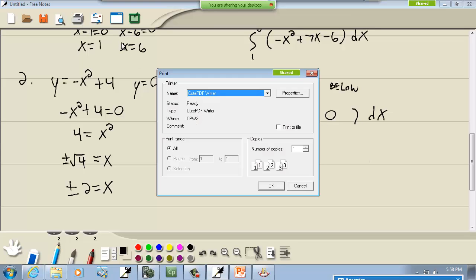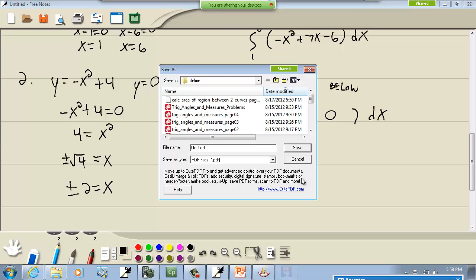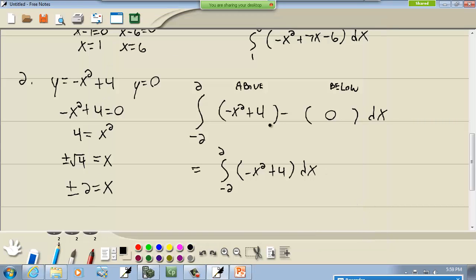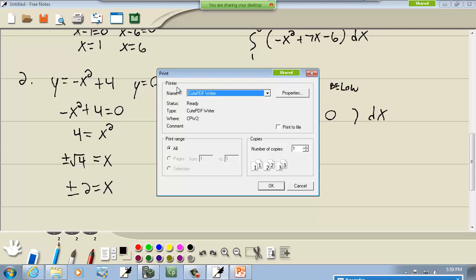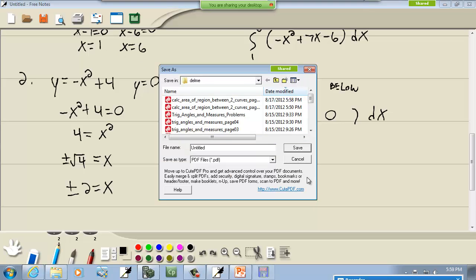Let me save that. And we'll look at the next problem. What? I hate when Windows does that. It's like, I don't want to create a system recovery right now. Okay, I guess it saved that page.